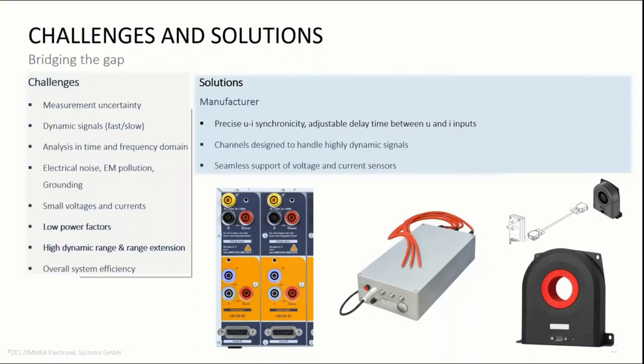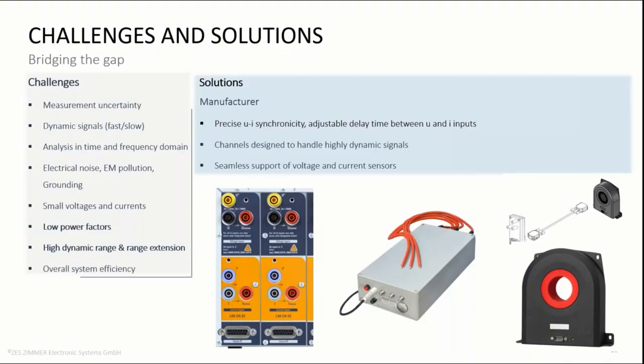We often see designs where different inputs are used for low currents, and to measure higher currents, a different current module needs to be installed. So these builds are impractical. On the other hand, a power analyzer must be able to handle signals on its entire range on a single module. Of course, every instrument with sensible dimensions has its limitations on its direct inputs.